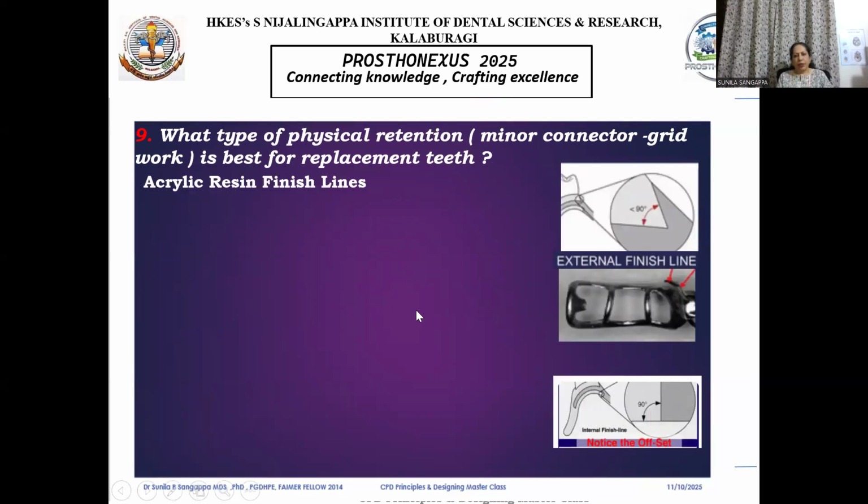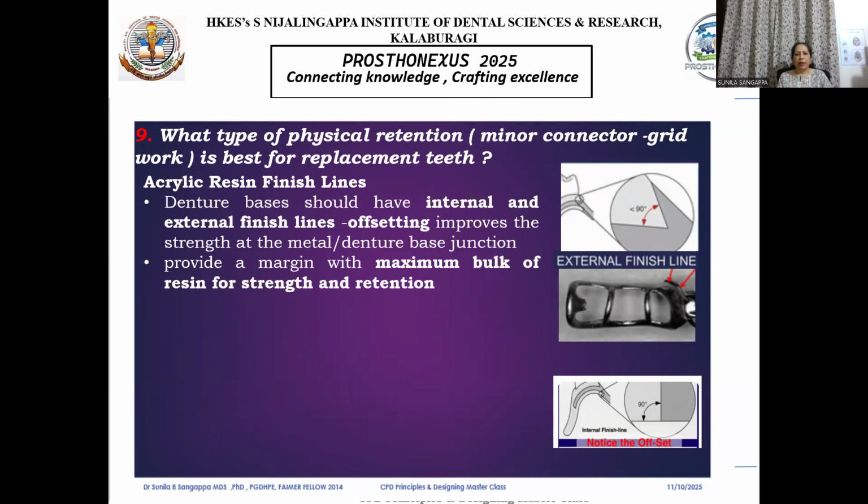Another important feature is the acrylic resin finish lines, which is usually missed out. So in case of our fabrication, we always have to incorporate both the internal as well as external finish lines. And it's also recommended to have an offsetting so that we have maximum bulk of resin for strength and retention.